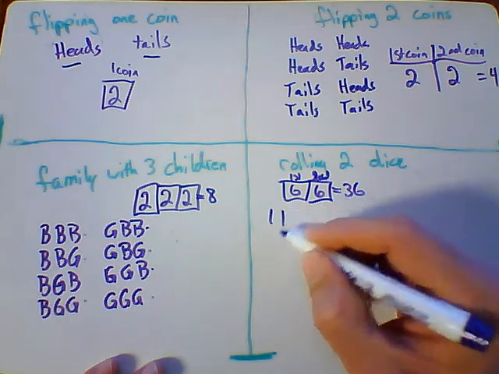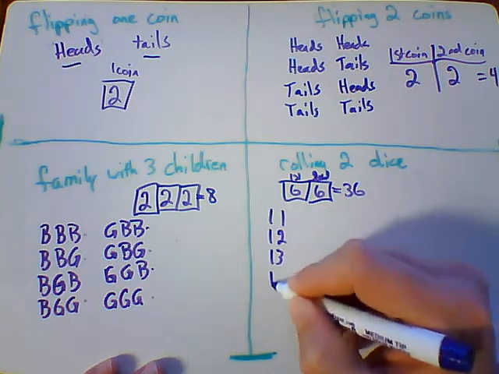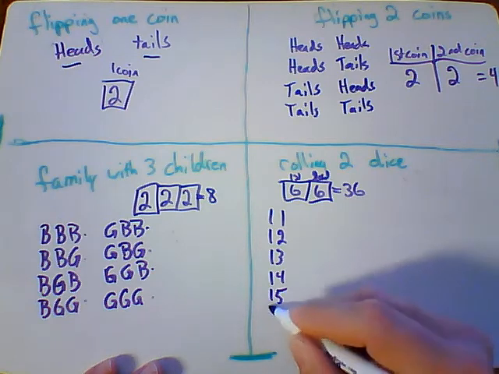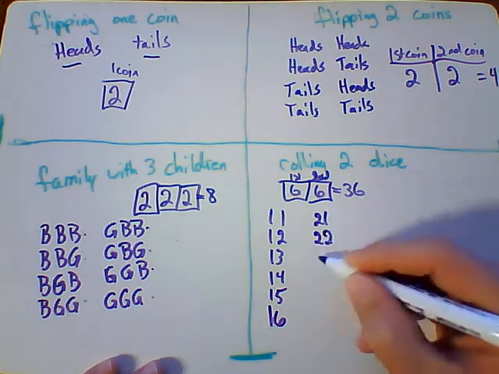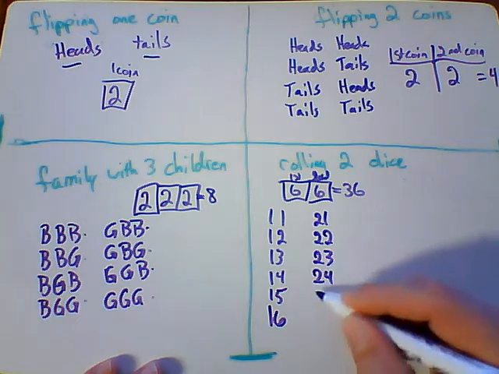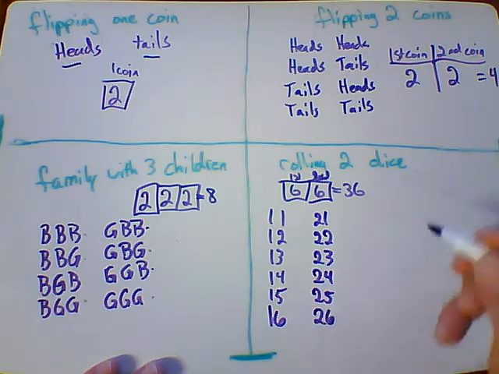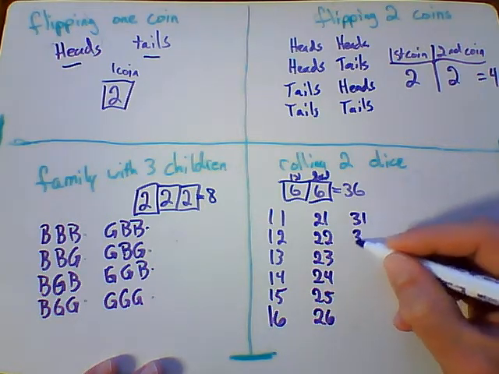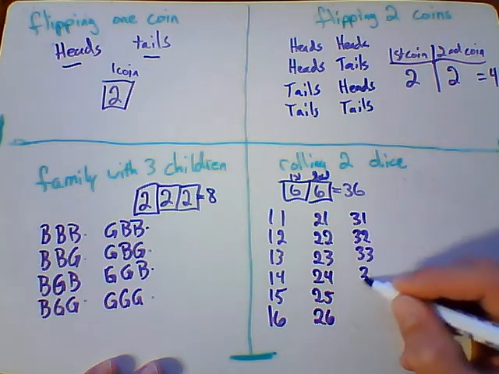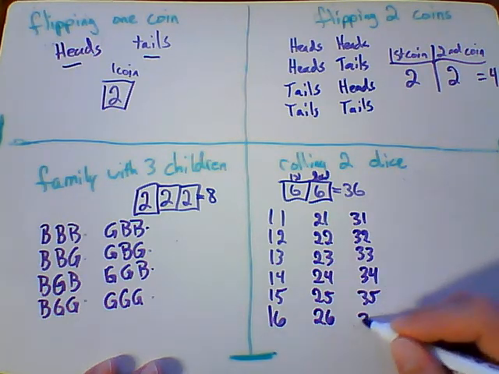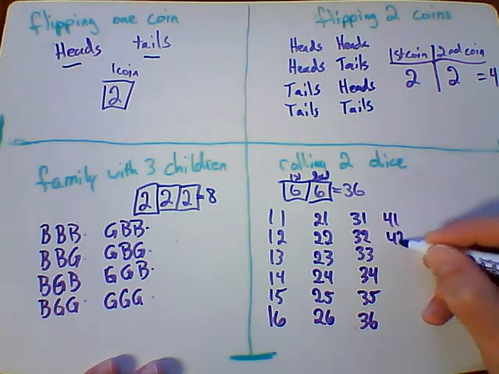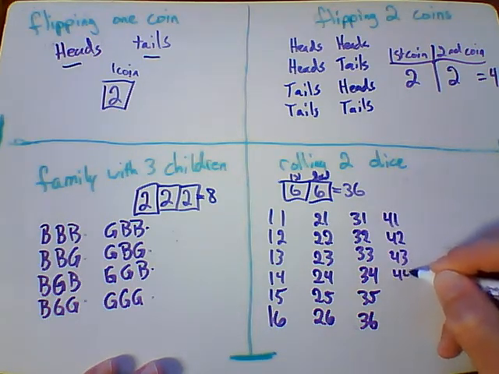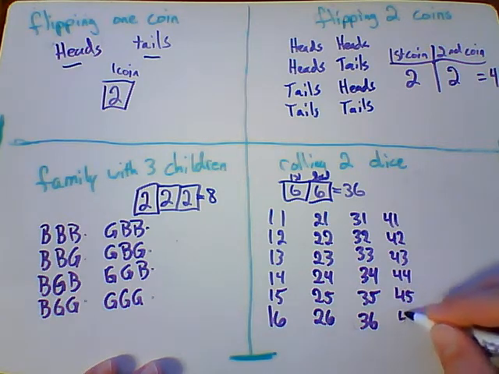That'll be a 1 and a 1, a 1 and a 2, 1 and a 3, 1 and a 4, 1 and a 5, 1 and a 6. Or 2 and a 1, 2 and a 2, 2 and a 3, 2 and a 4, 2 and a 5, 2 and a 6. Or 3 and a 1 through 3 and a 6. 4 and a 1 through 4 and a 6.